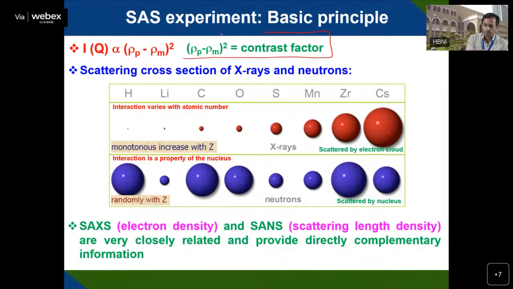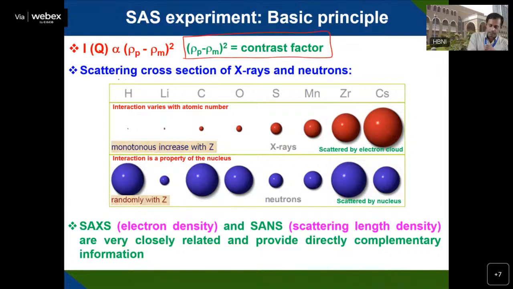This is expressed in terms of the contrast factor. It depends on the variation of the electron density or scattering length density of the particle minus that of the medium.